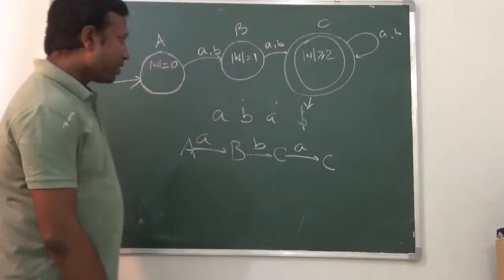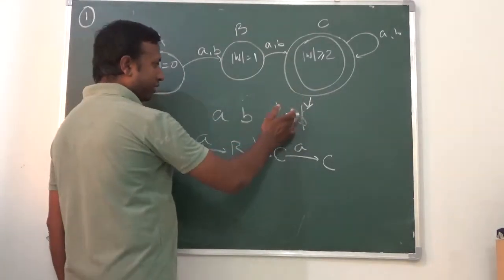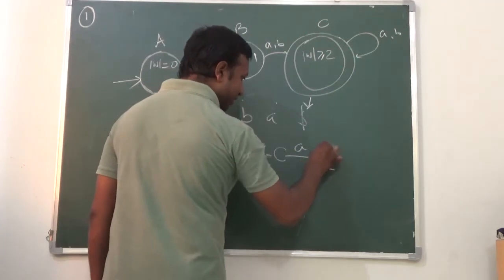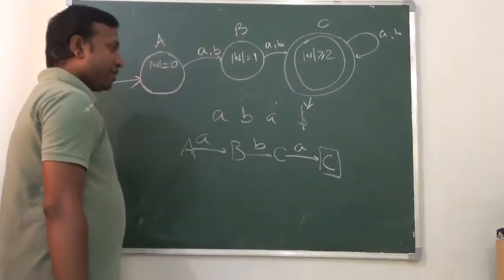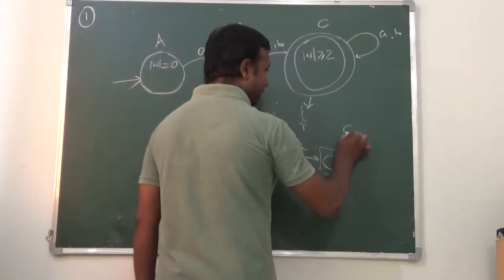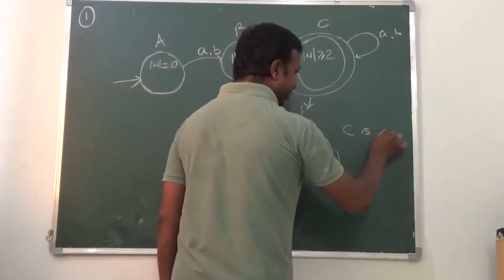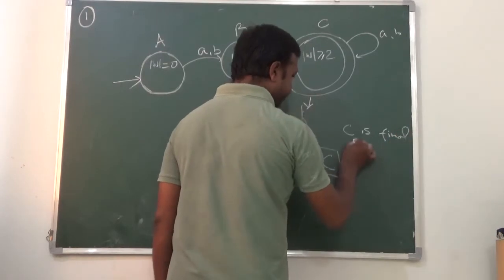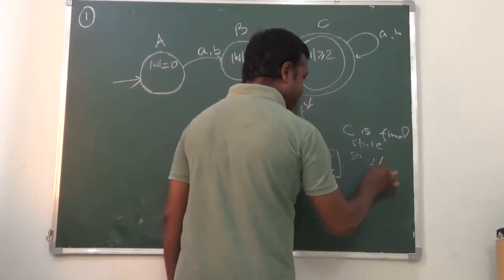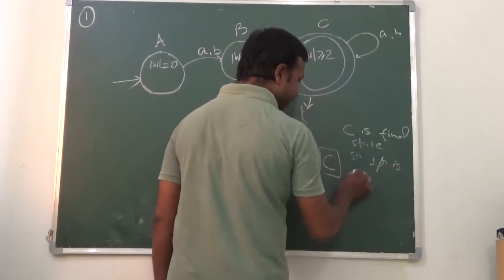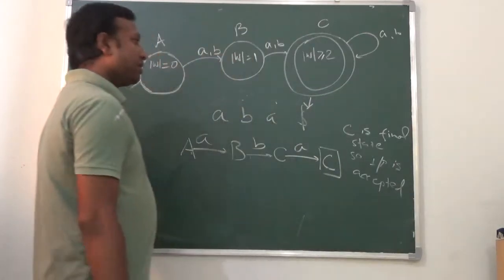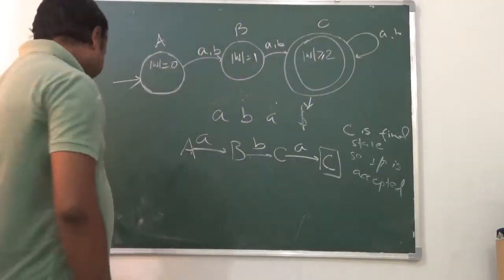Now the read head is on $. What is the last state? The last state here is C. Since C is a final state, the input is accepted.